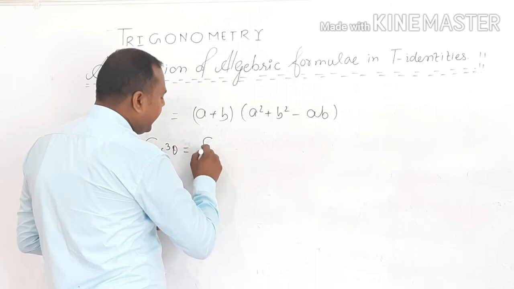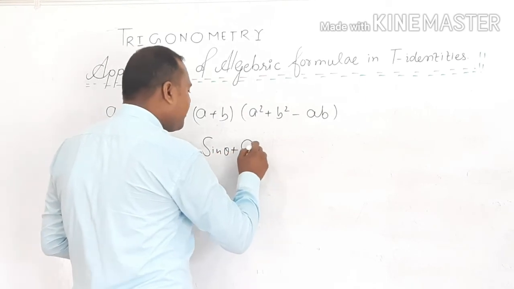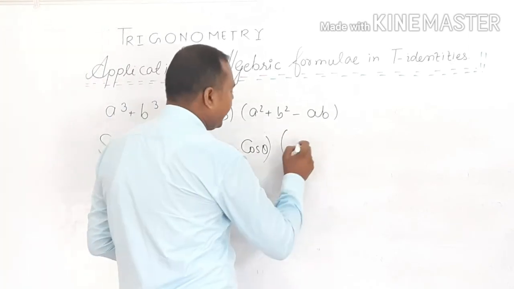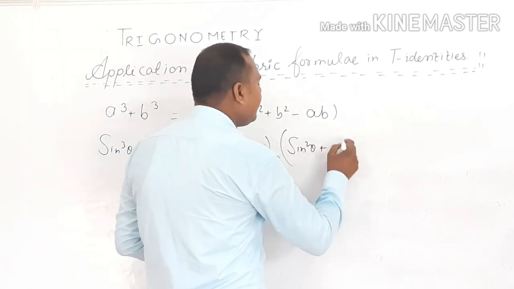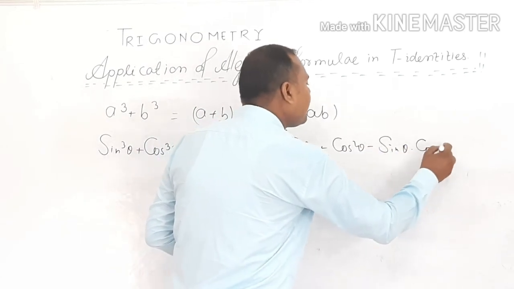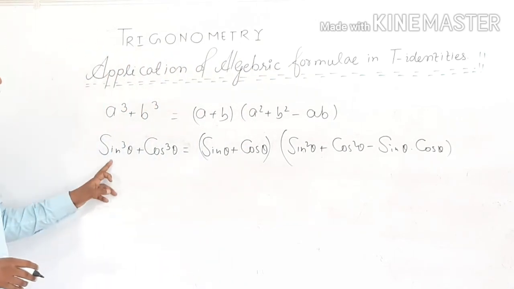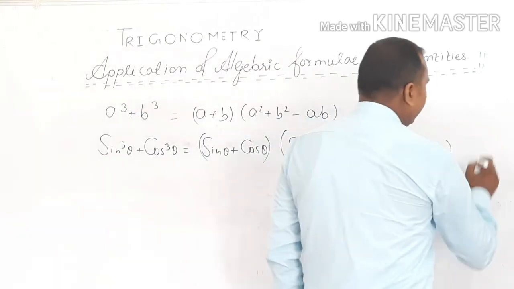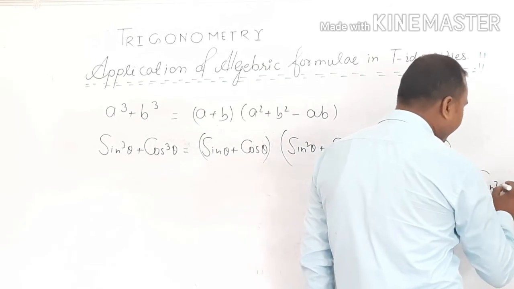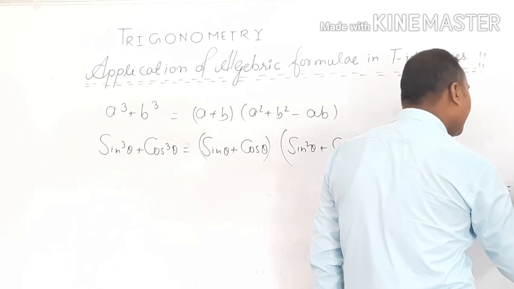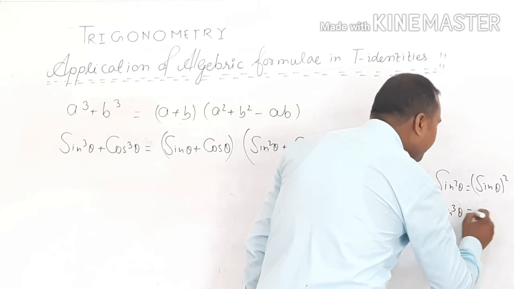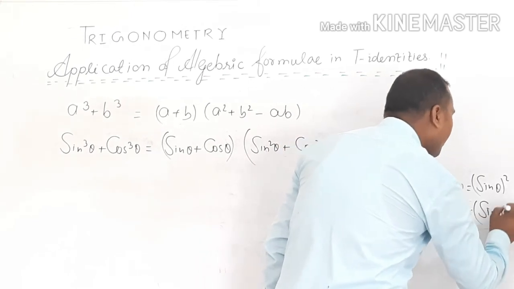So put here (sin θ + cos θ), and the first term is sin θ, that means sin²θ + cos²θ − sin θ cos θ. Please concentrate on this concept: sin²θ means (sin θ)², and sin³θ means (sin θ)³.